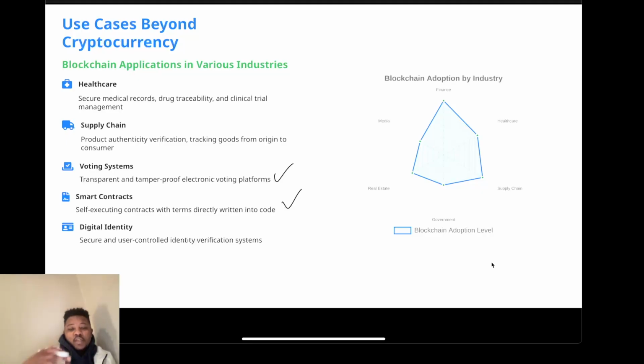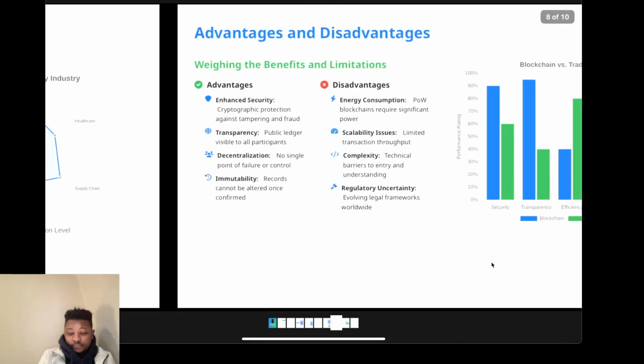Whenever we enter into an agreement using this contract, it executes as it's supposed to, and everyone benefits from the smart contract without the third party, which is a lawyer in this case. Then we can also use it to verify digital identities and so on. There are so many use cases for this.